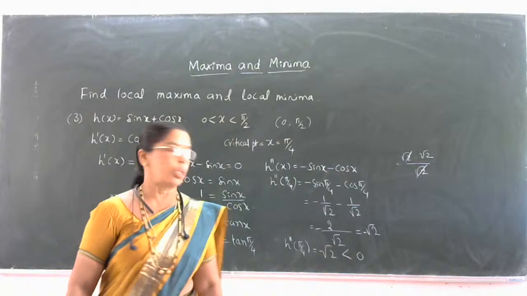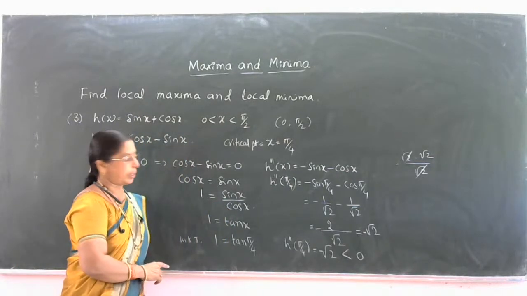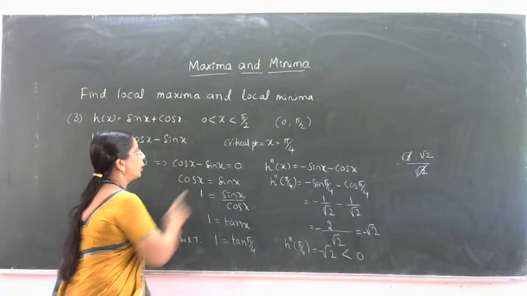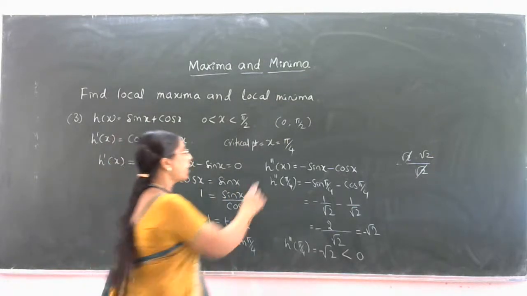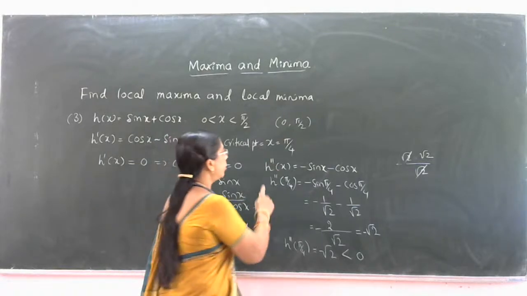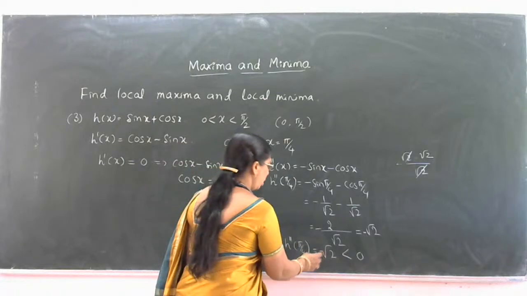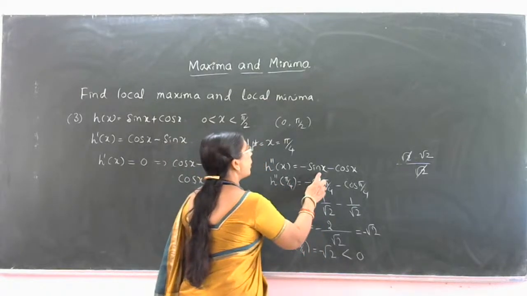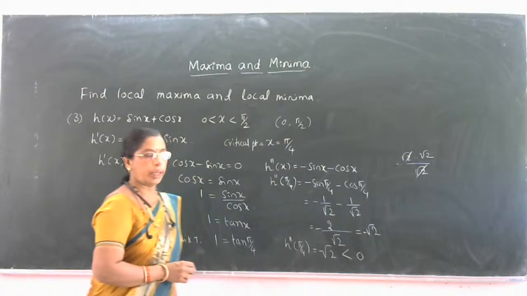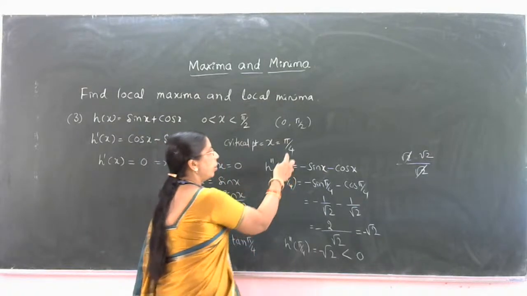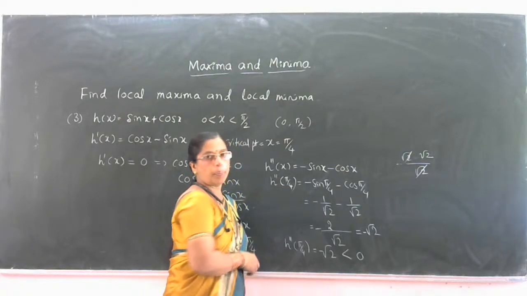Thus, we find the first derivative of the function and equate it with 0. Then we find the critical point x equal to pi by 4. Then find the second derivative of the function, minus sin x minus cos x. Then substitute the critical point pi by 4.